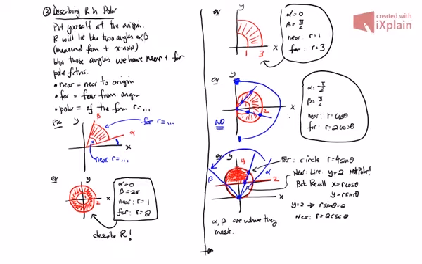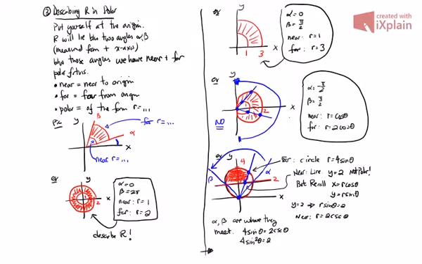So if we want to see where they meet, we need to set them equal to each other. So that would be where 4 sine theta meets 2 cosecant theta. So cosecant is 1 over sine. So if I multiply both sides by sine, we get 4 sine squared theta is 2.